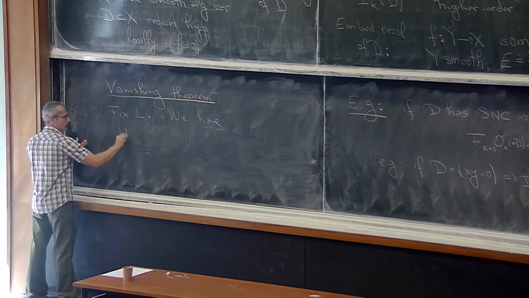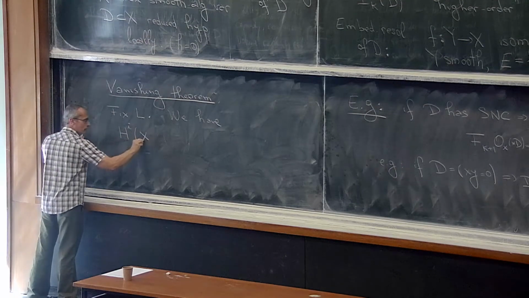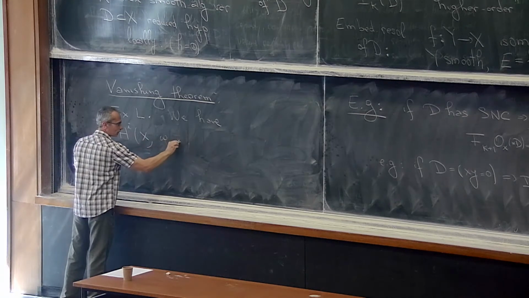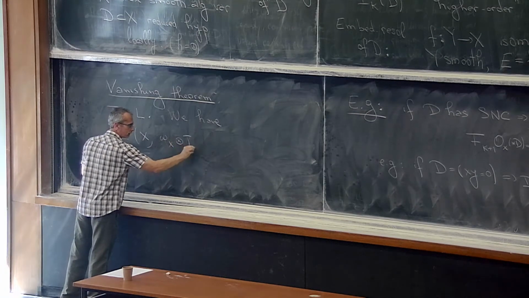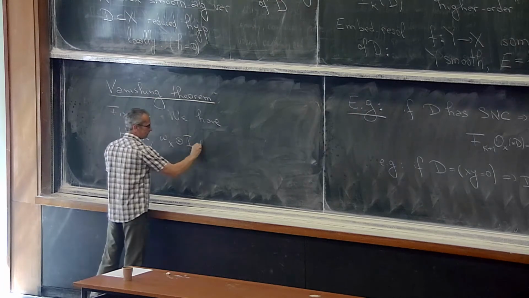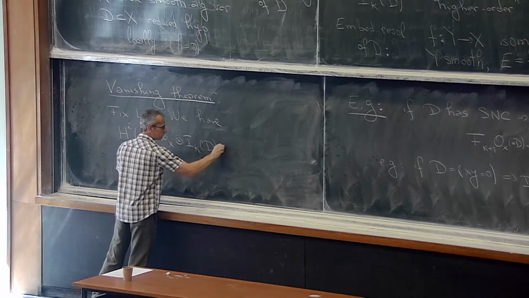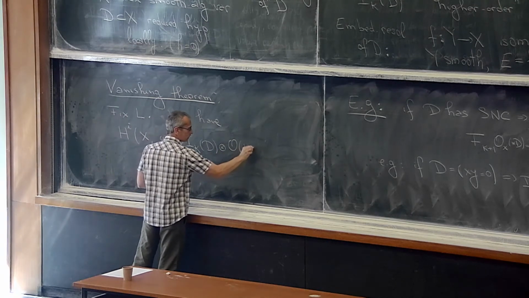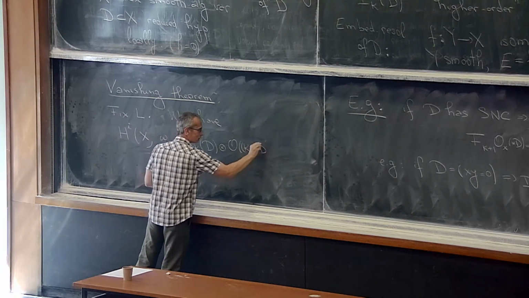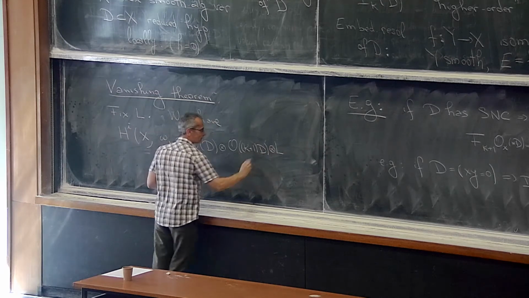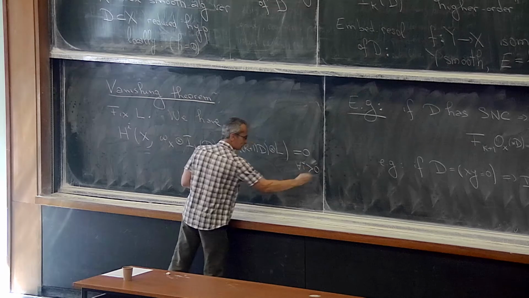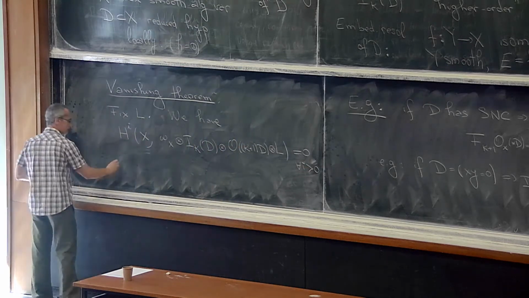So I want H^i on X of omega_X twisted with I_k(D), twisted with O((k+1)D), and twisted with L. This is 0 for all positive i if you have a bunch of conditions.